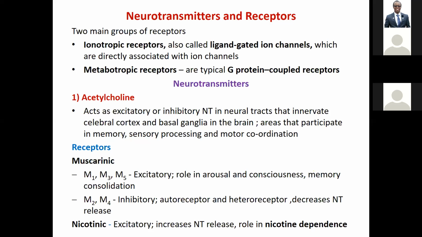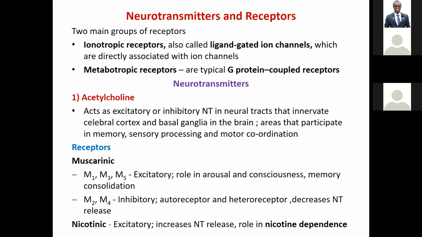GABA A, yes. So when you have the binding, it leads to the opening up of the channels, isn't it? Yes. And then what happens after that? There's an influx of the chloride ions. So you have more entry of the chloride ions. Okay.